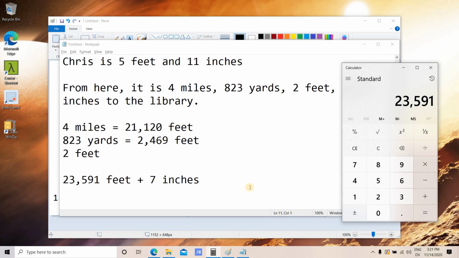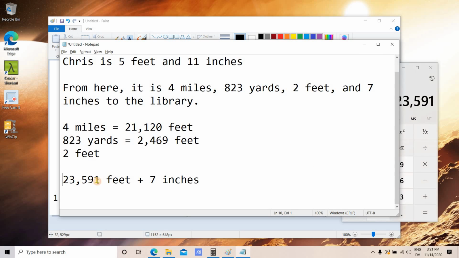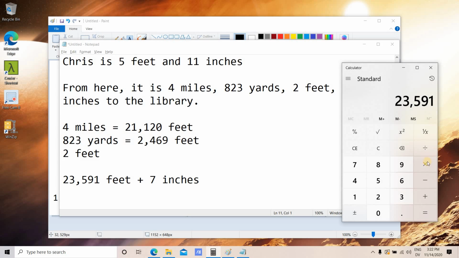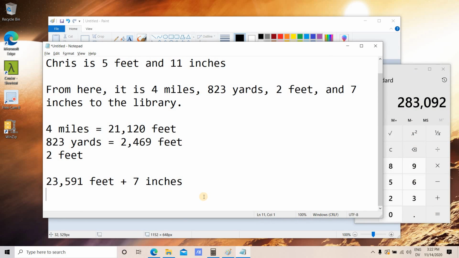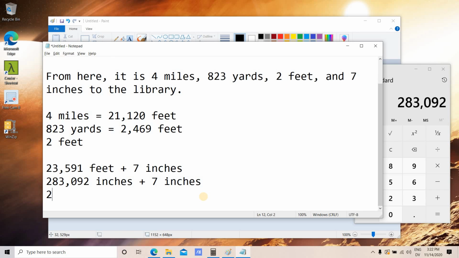And 1 foot is 12 inches, and this is the same number, so we can just say times 12. So 23,591 feet times 12 is 283,092 inches, plus 7 inches, which is 283,099.